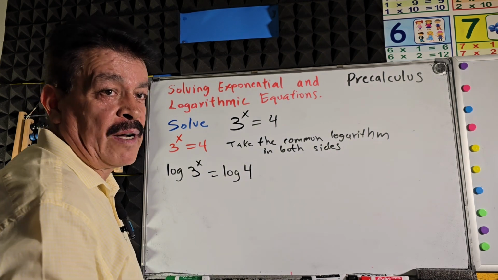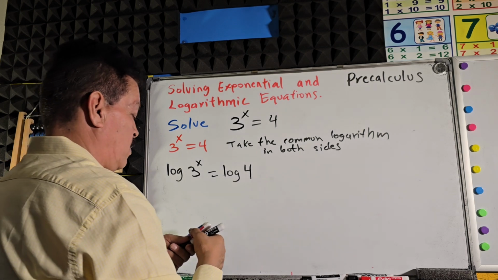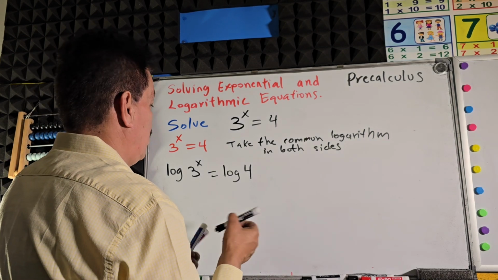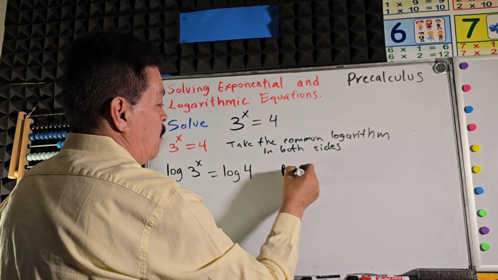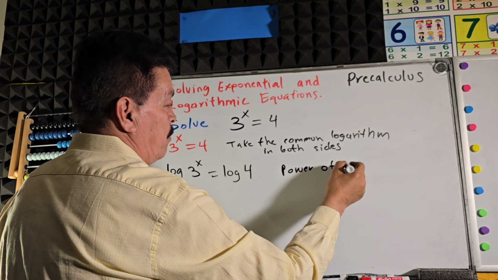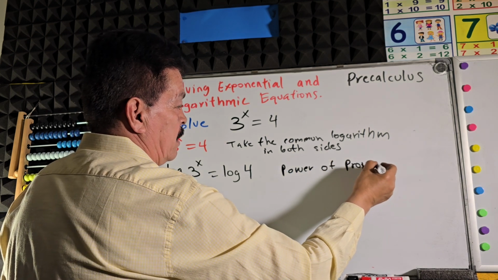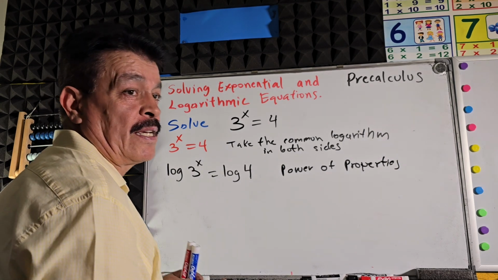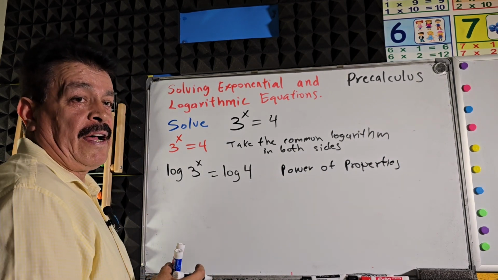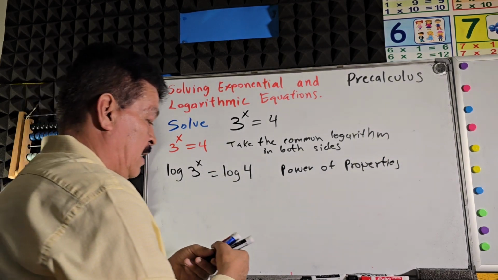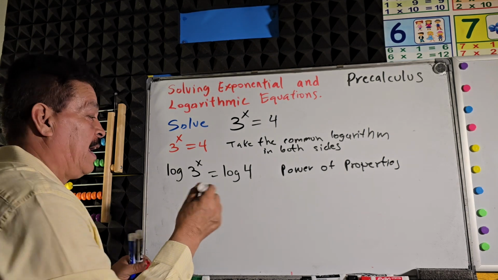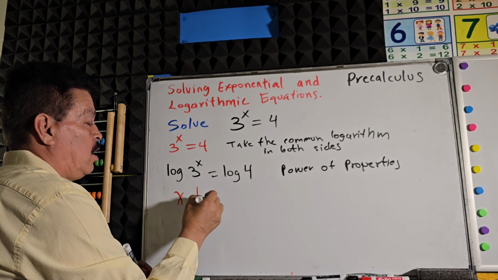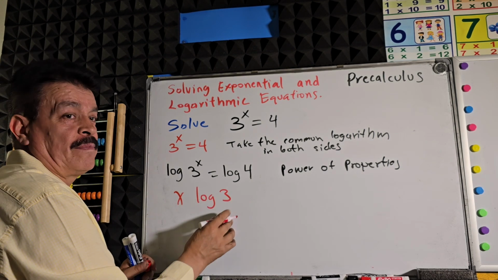Now we have to use the power property. If we do that, then in the next step we will have x log 3 equals log 4.